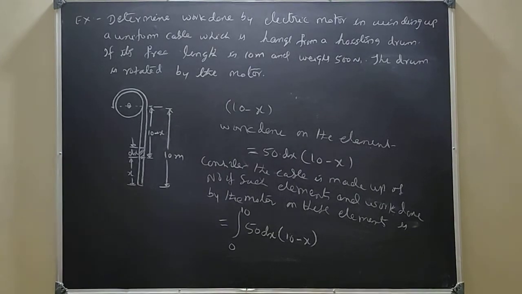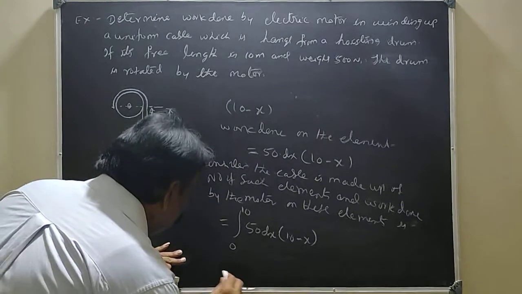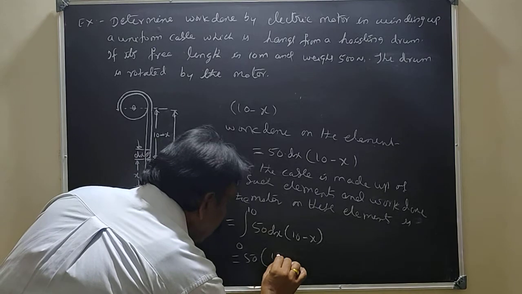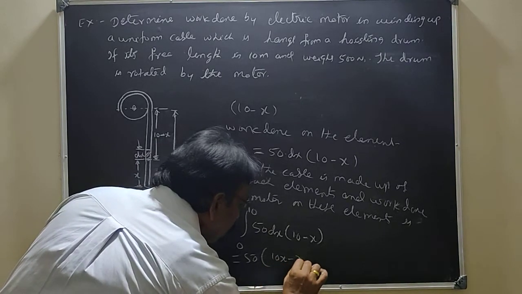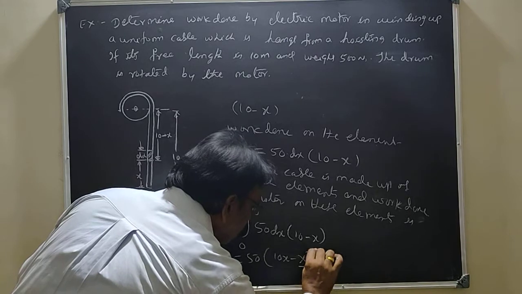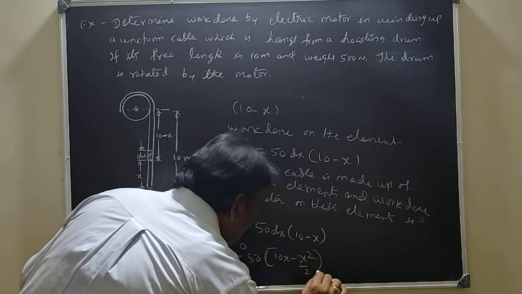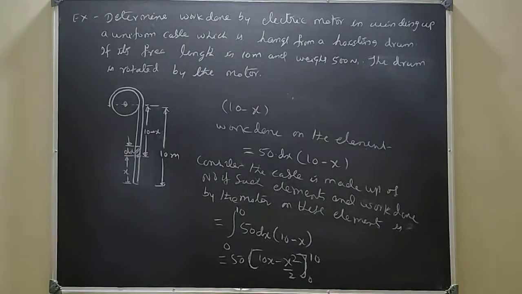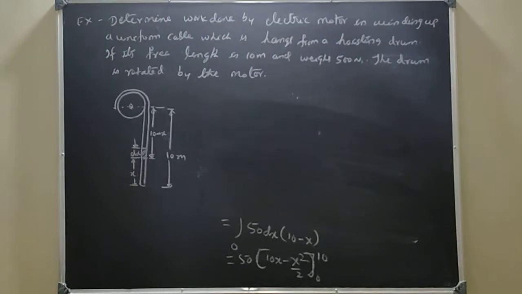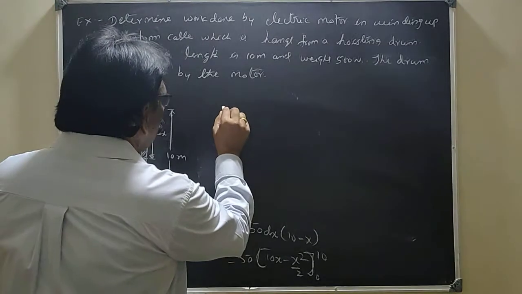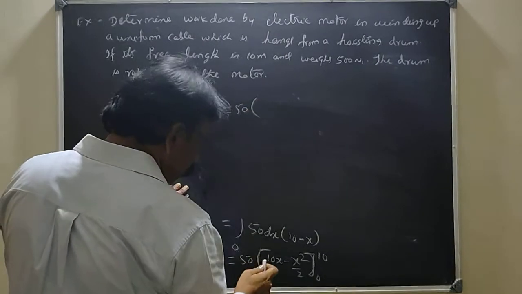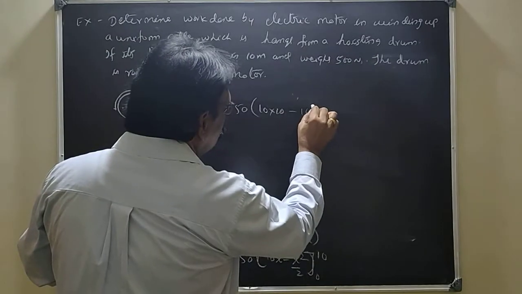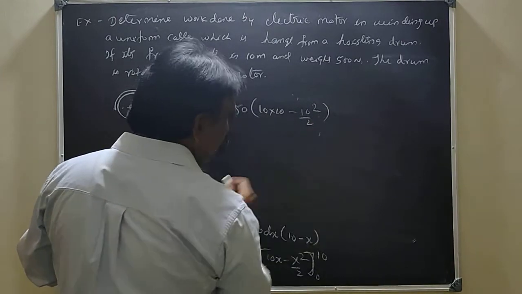So 50 is taken outside, then if you integrate, you get 10x minus x square by 2 between the limits 0 to 10. So that is 50 into, 10 into 10 minus 10 square divided by 2.